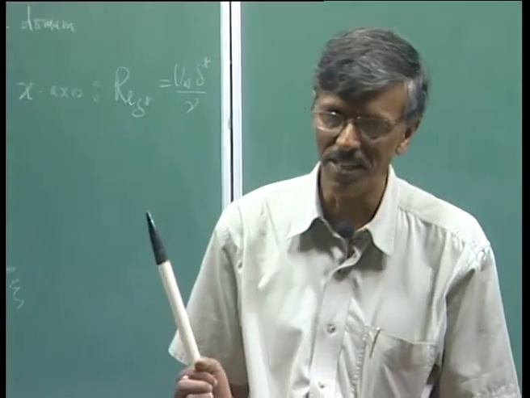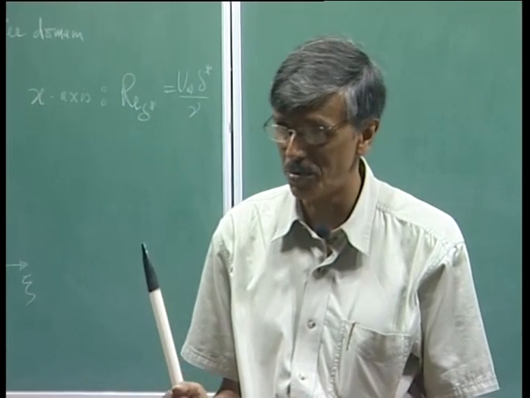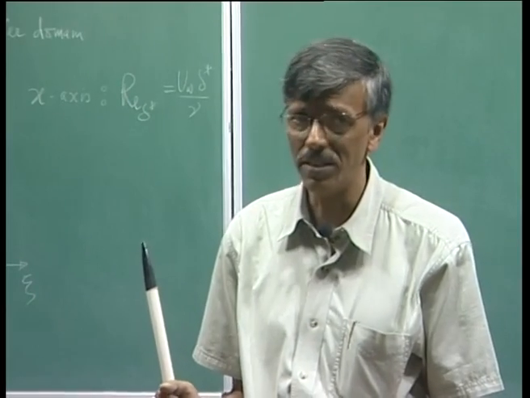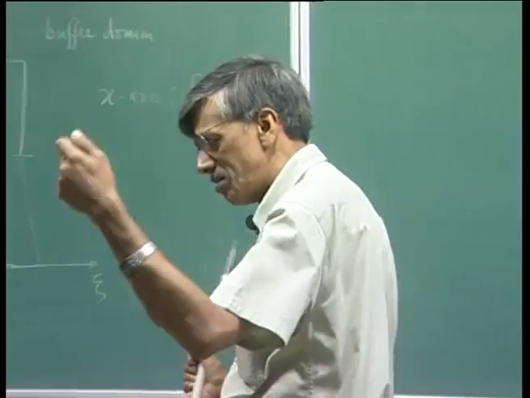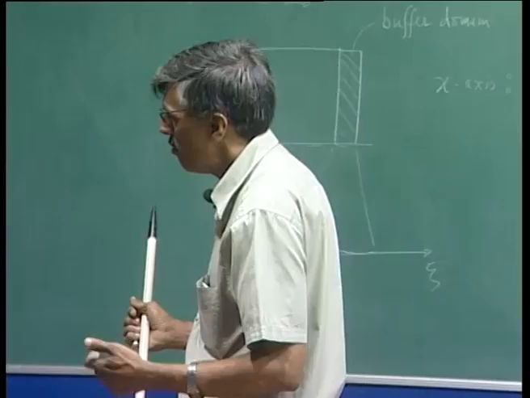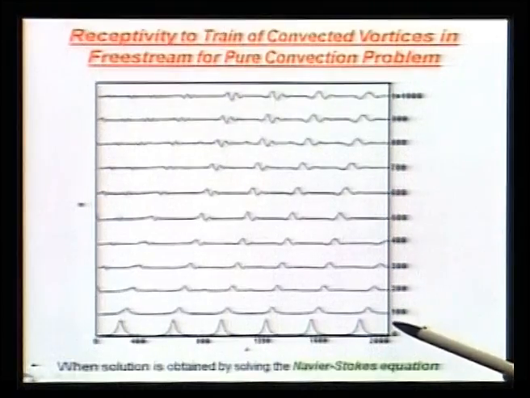This is significantly different from what we learned when we talked about Kolmogorov's mechanism, the cascade, where due to nonlinearity we transfer energy from low k to high k. But here it is a linear mechanism.